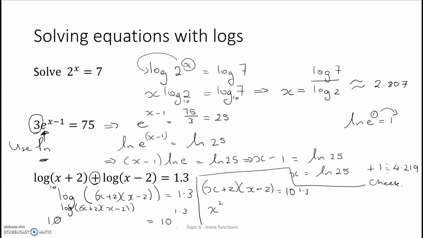It's x squared minus 4 equals 10 to the power of 1.3. So x squared equals 10 to the power of 1.3 plus 4. And x equals plus or minus the square root of 10 to the power of 1.3 plus 4. I've run out of room, but you can look that up on your calculator.